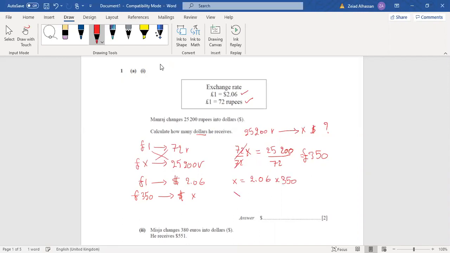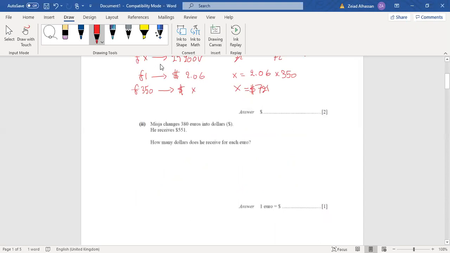By using calculator, you can find out times 2.06 equals $721. So this is the way how to deal with foreign exchange, that we will change rates and so on. So now let's move to the other question.